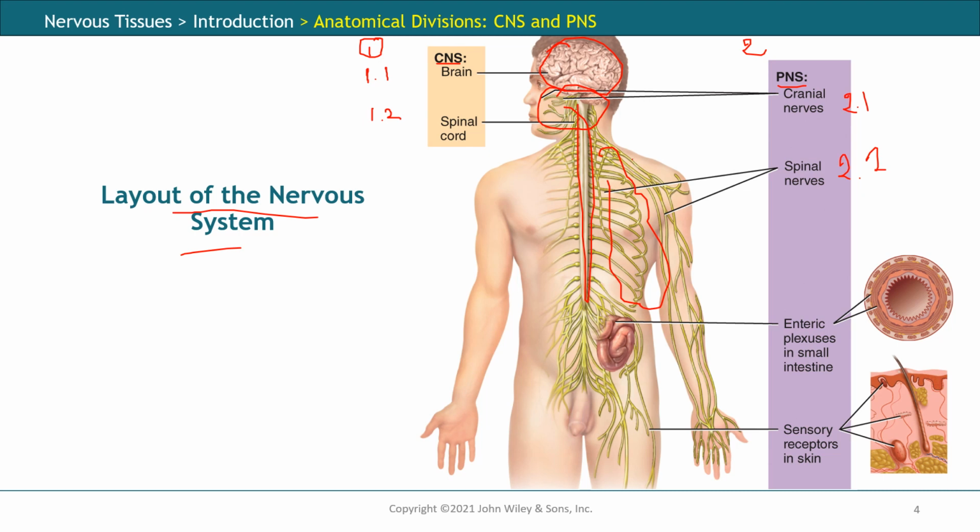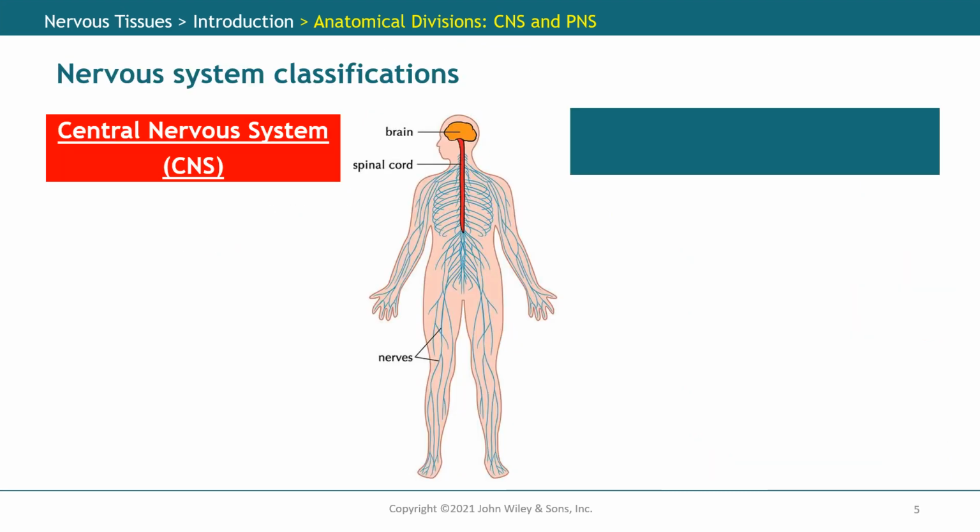Now I'm going to show you another schematic that I found that was simpler and helped me understand this topic more easily. So far we've talked about how the nervous system has two main components. The first one is the central nervous system, and do you remember its two main components?